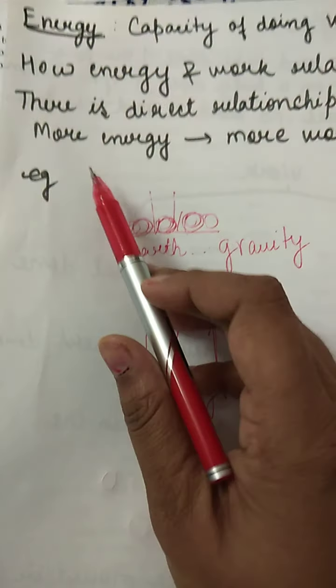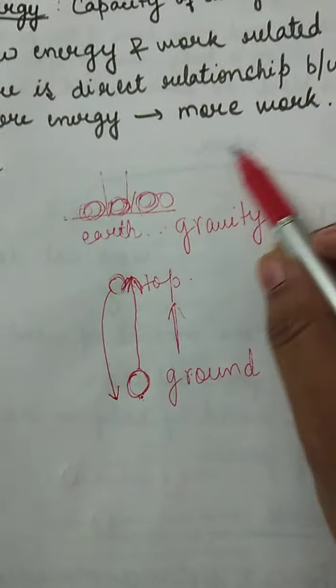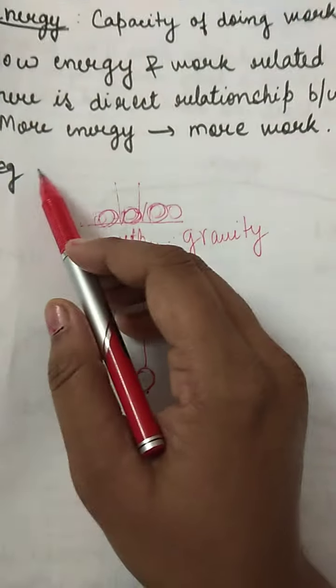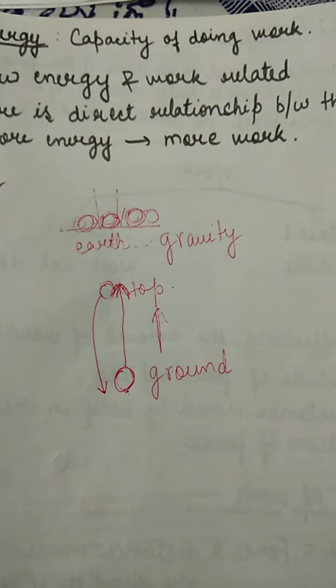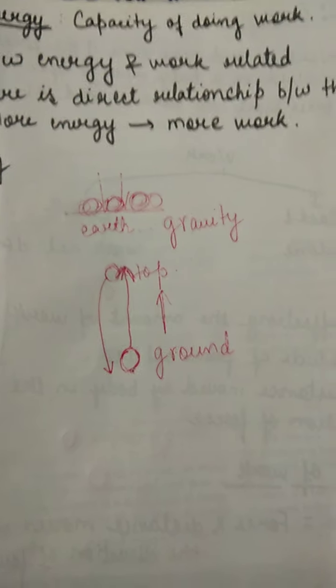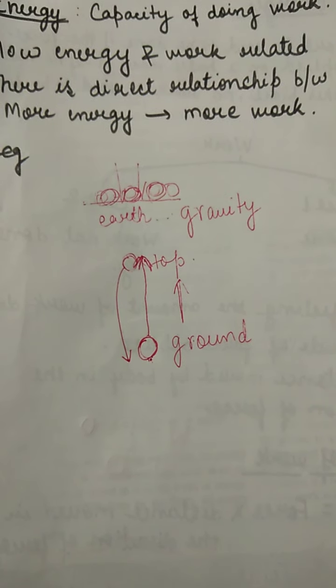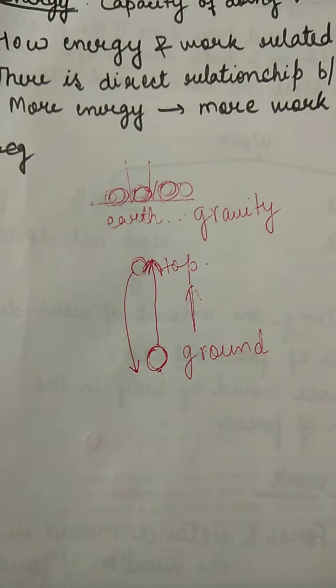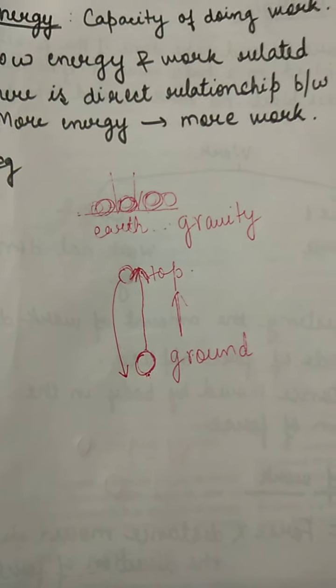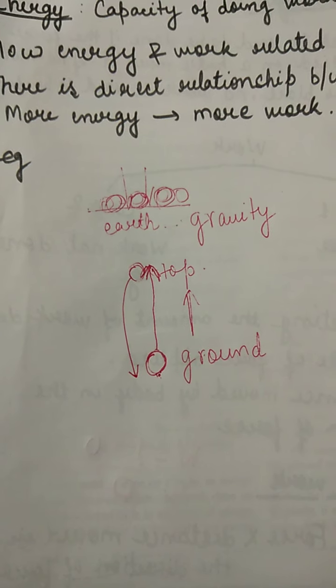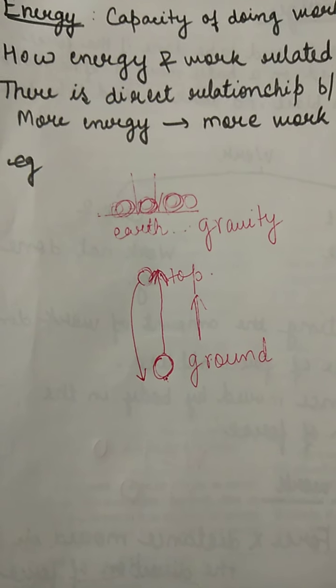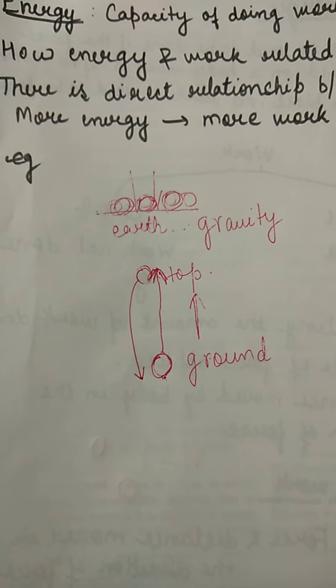So we can conclude that the more the energy, the more the work. Any living or non-living thing which is filled with more energy will do more work. And if more work is taking place, it means more energy was in the body.